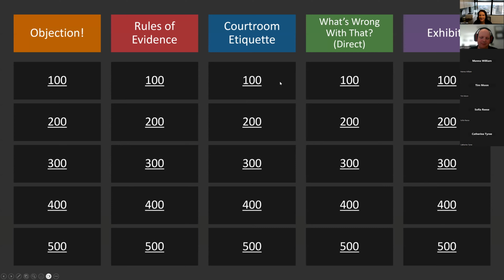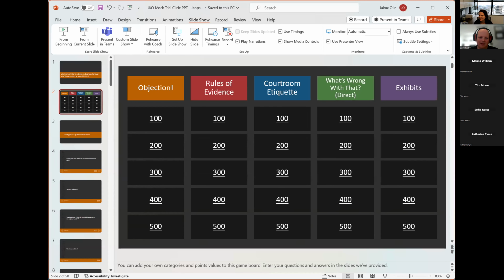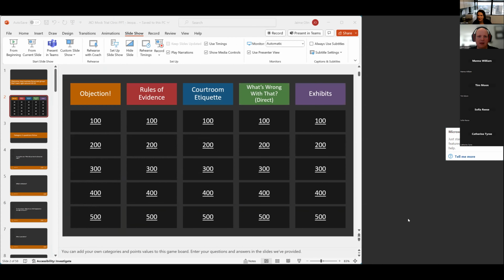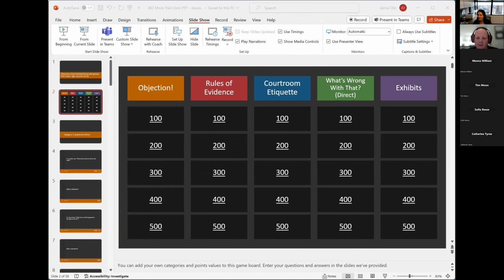Okay. Is that better? Yeah, I can't see the chat box. You might have to reopen it. I just put it back into regular mode. Okay, yeah, I can see everything.